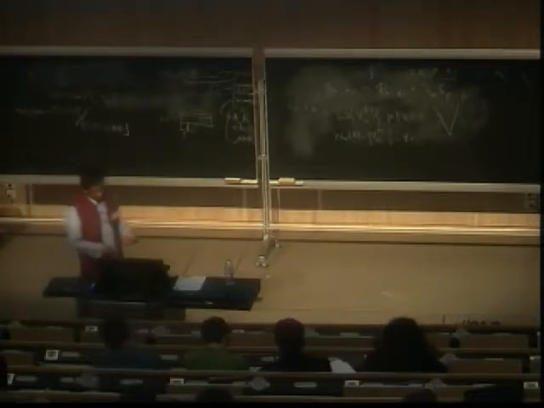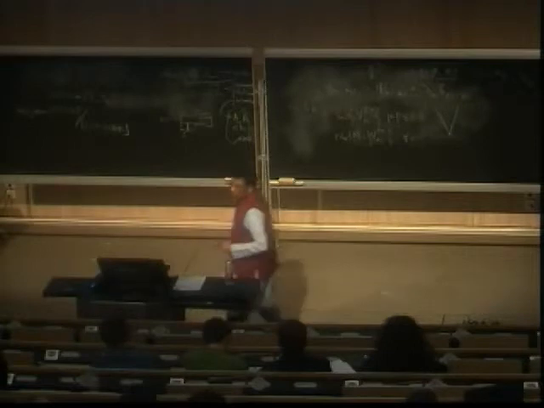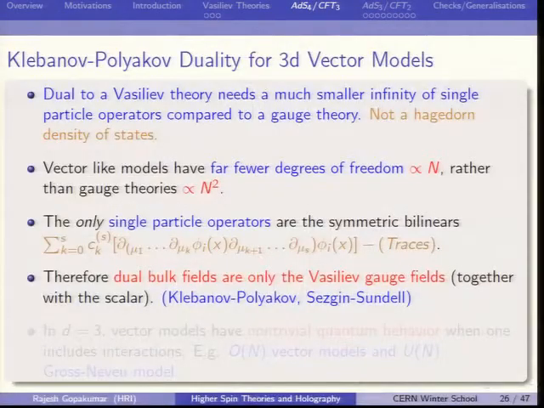So if these are the only single particle operators, then we are in good shape in matching the spectrum to the Vasiliev theory, because as I argued in the first lecture, the corresponding bulk fields are precisely the Vasiliev gauge fields, one for every spin.